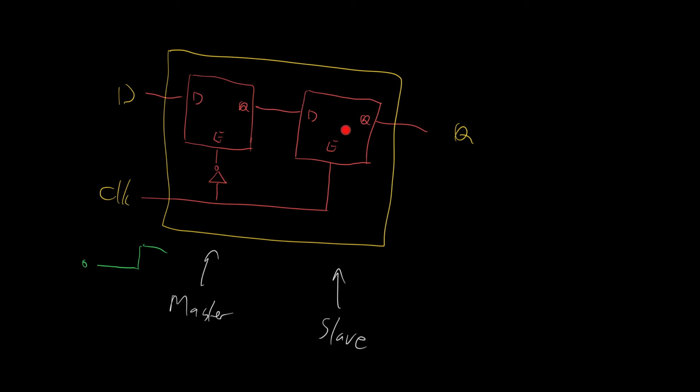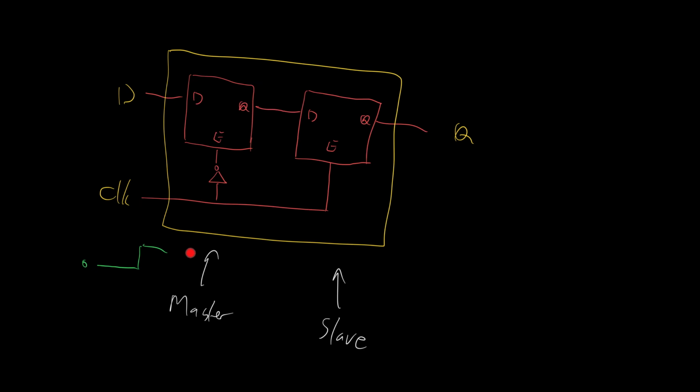The second D-latch is going to start to open up at the same point in time. That means that whatever is at this point in here between the two of them is going to be continuously copied to the output. But what's here, we just discussed, is the last known value of D just before the rising edge of the clock.